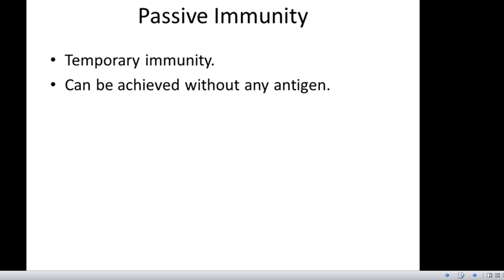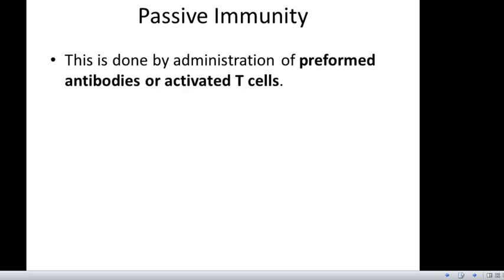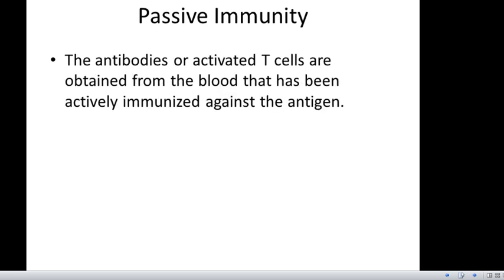Passive immunity is a temporary immunity that can be achieved without any antigen. This is done by administration of preformed antibodies or activated T cells. The antibodies or activated T cells are obtained from the blood that has been actively immunized against the antigen.